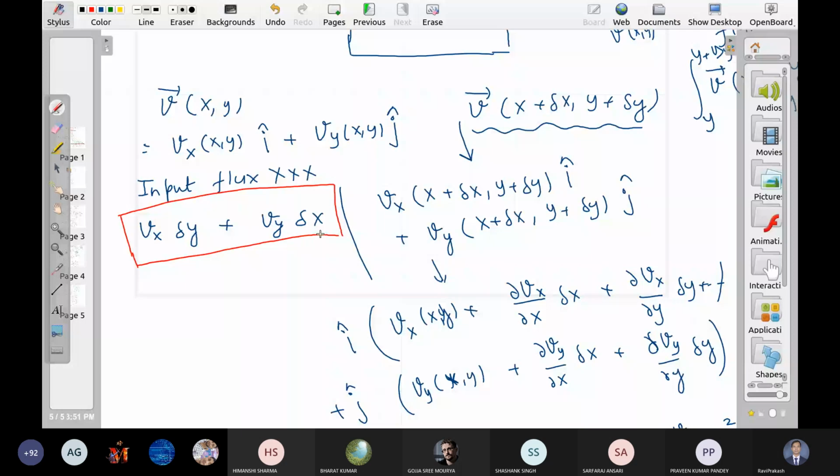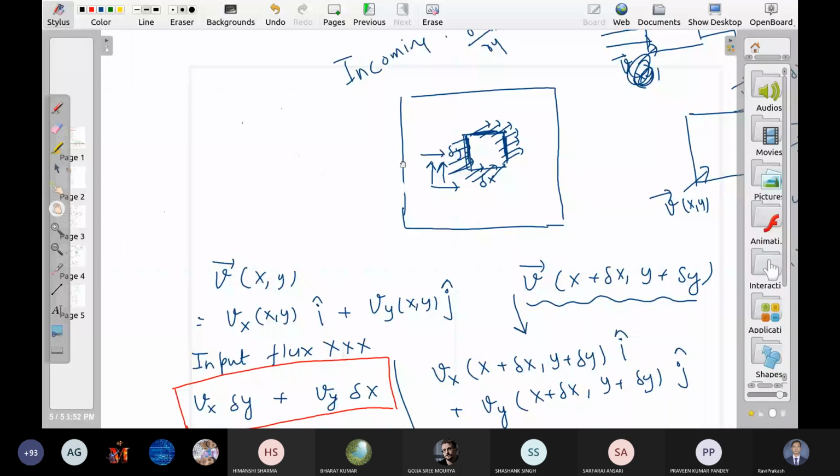Can anyone tell me what is happening? Right. If you see very carefully, let me make an enlarged version of this small area. This is the point xy. This is x plus delta x, y.